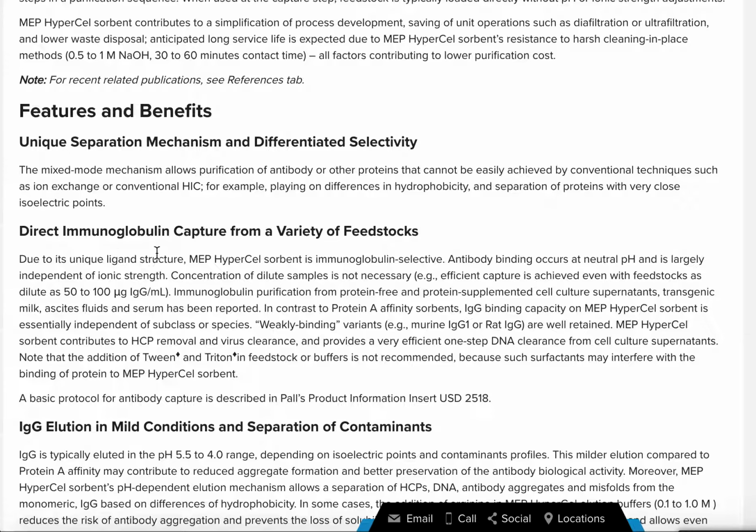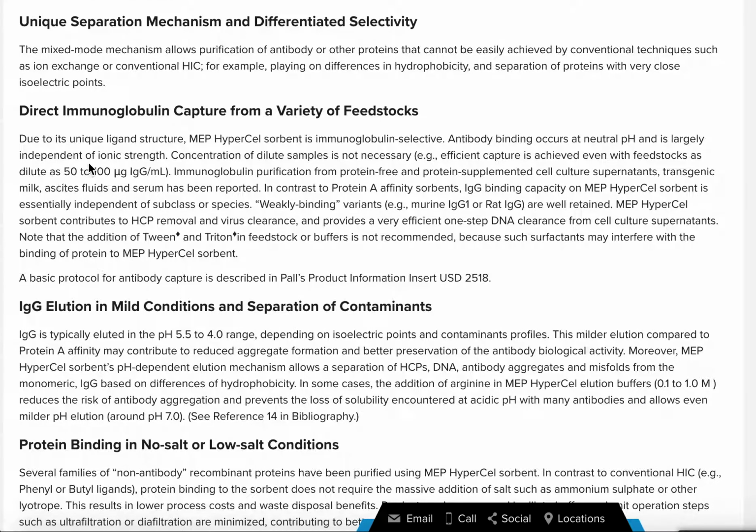Direct immunoglobulin capture from a variety of feedstock due to its unique ligand structure. MEP HyperCel sorbent is immunoglobulin selective, antibody binding occurs at neutral pH and is largely independent of ionic strength. Concentration of dilute sample is not necessary. For example, efficient capture is achieved even with feedstock as dilute as 50 to 100 micrograms IgG per ml.